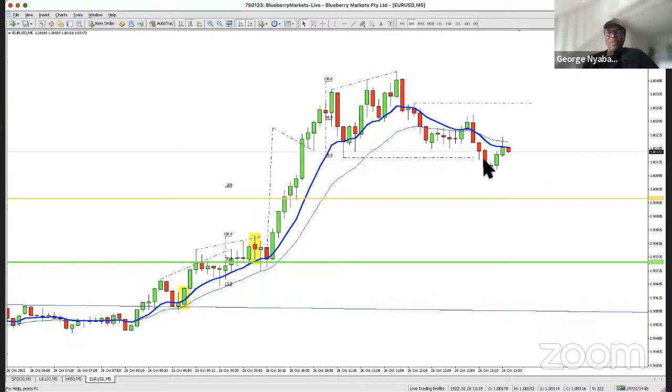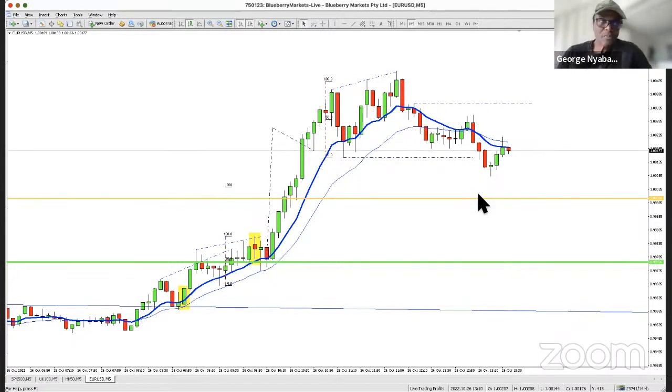So I'm still bearish in this market, but I'm only going to be interested if we get back into this area here and create a double top or lower high. There's no way I'm going to be selling this low out of the trading range into a level of support.